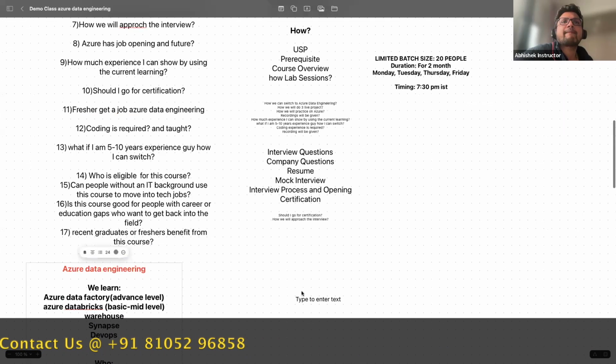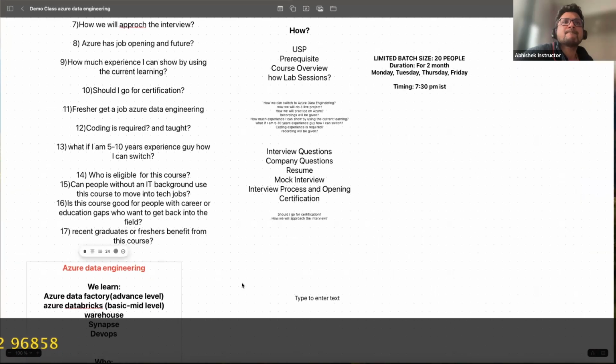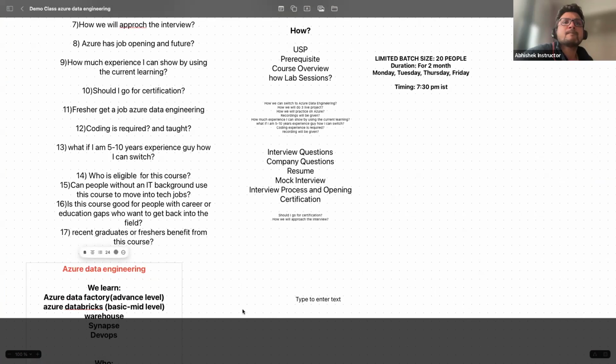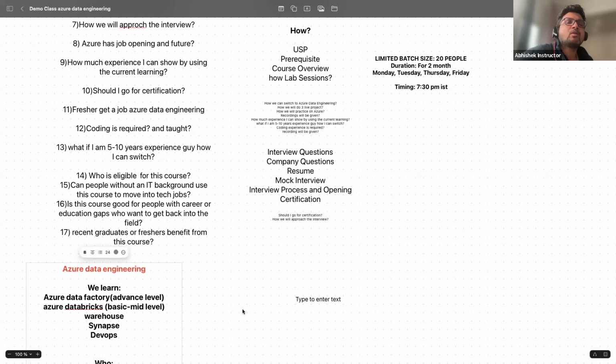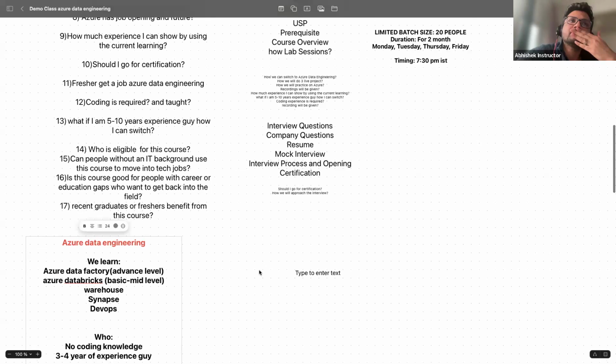Abhishek, before the Databricks classes start, do we need to prepare for Python or something else? You can prepare coding, it is required, either of the languages, either SQL or Python. Is it only SQL or do we need PL/SQL?